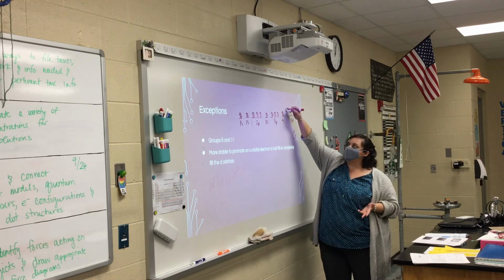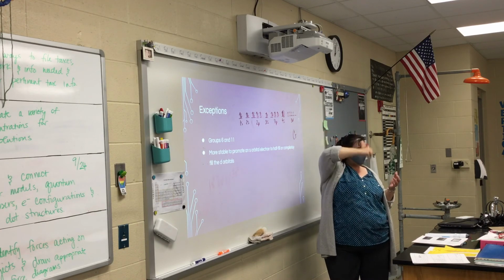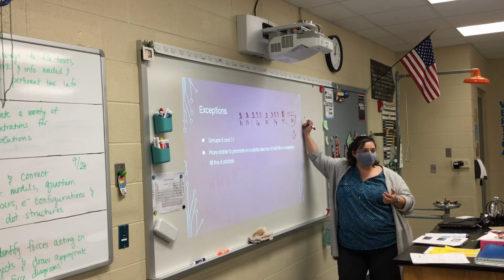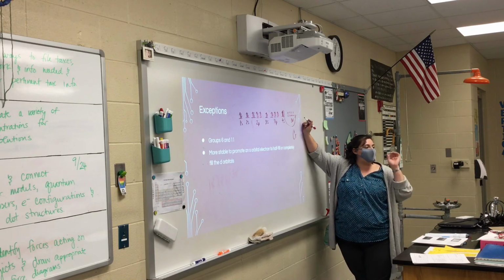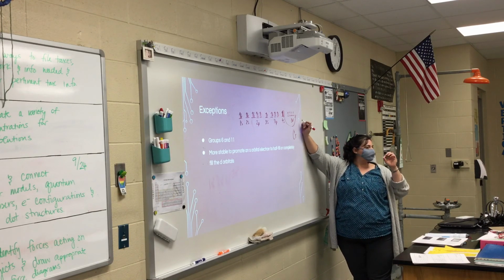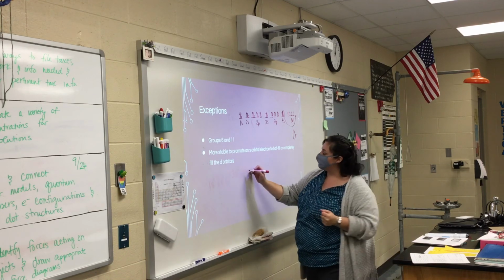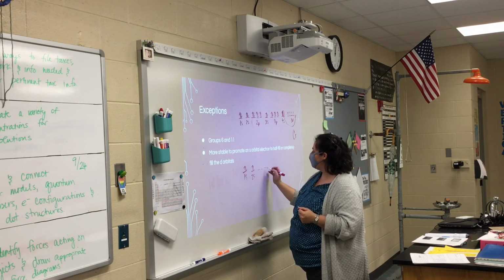What happens is that one of these 4s electrons, that negative electron, that downspin, gets promoted, means it gets bumped up to 3D, and 3D becomes half filled. So what happens then is it looks like this.